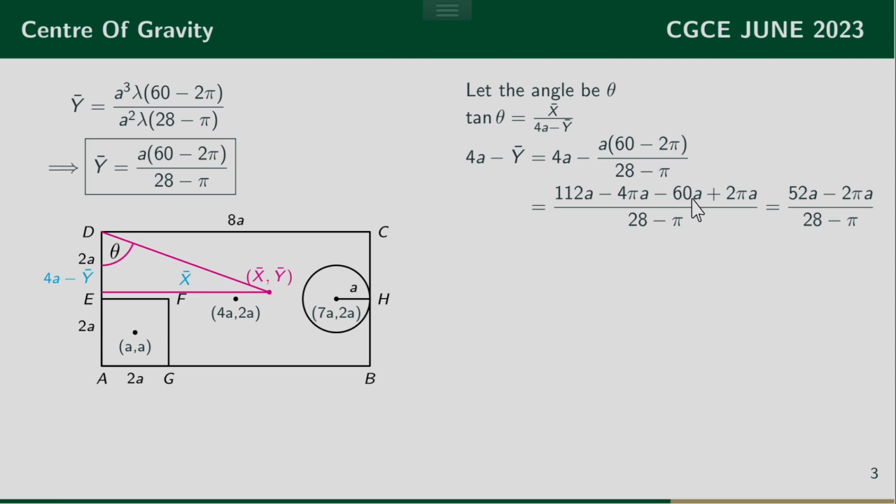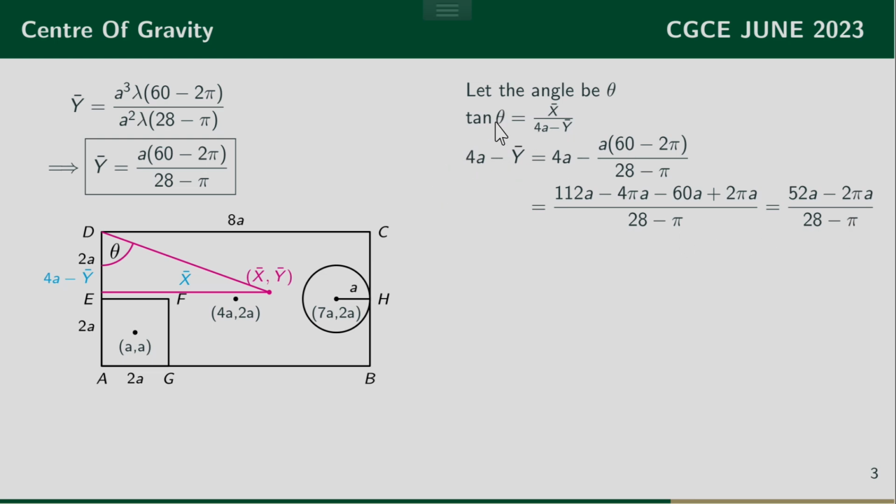I have negative 60a plus 2 pi a. Bringing like terms together, 112a minus 60a gives 52a. Then negative 4 pi a plus 2 pi a gives negative 2 pi a divided by 28 minus pi. So that is the value of 4a minus y bar.